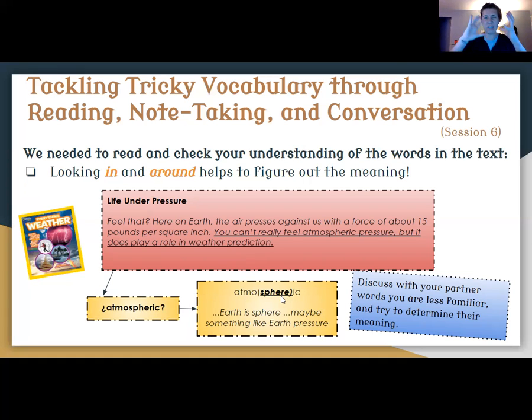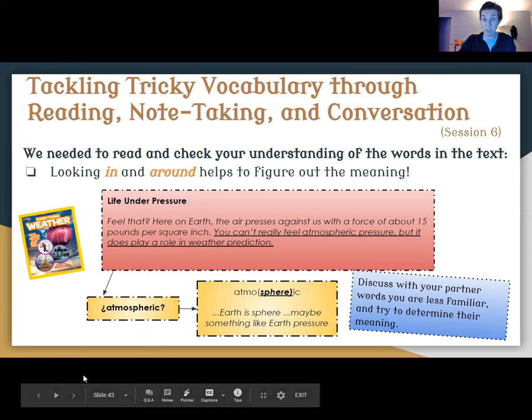And I know a sphere is like a ball, like the earth is a sphere. Maybe when they say atmospheric pressure, like the pressure for the earth, so something like earth pressure, maybe that's what atmospheric pressure means. I don't know. What are you thinking? Would that make sense in our context?